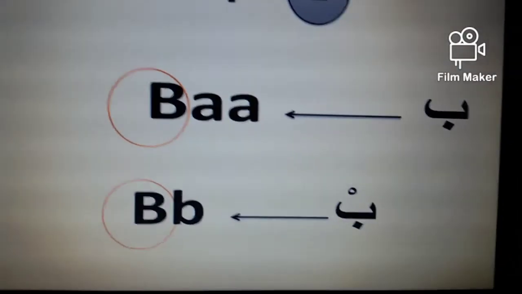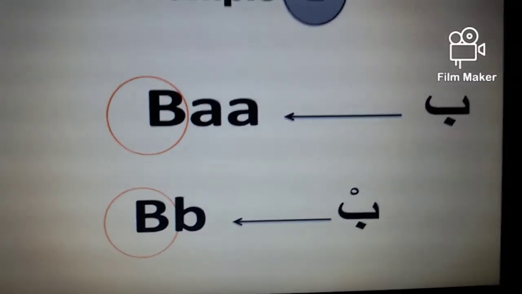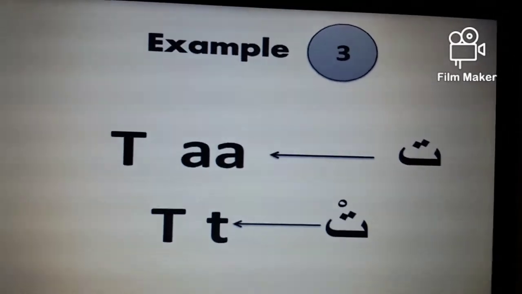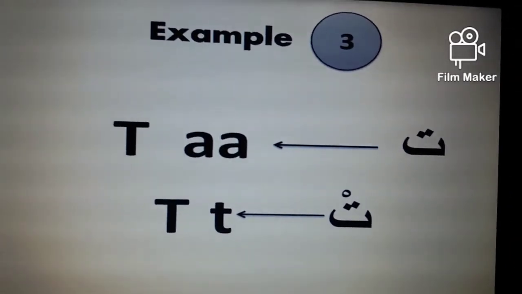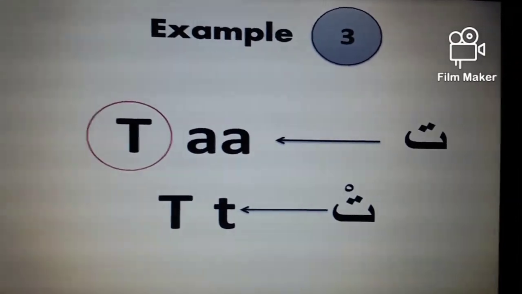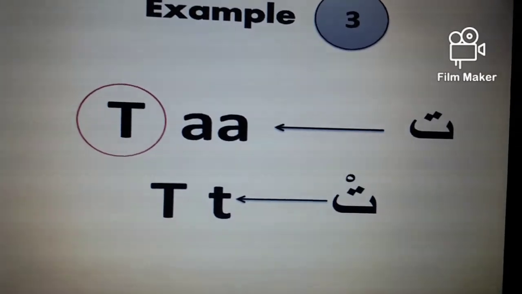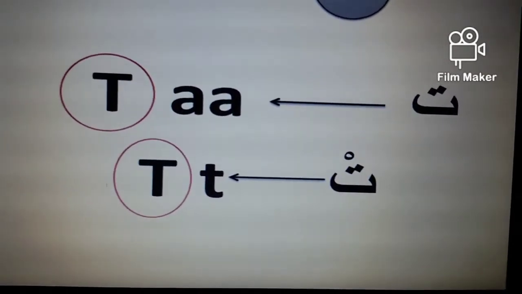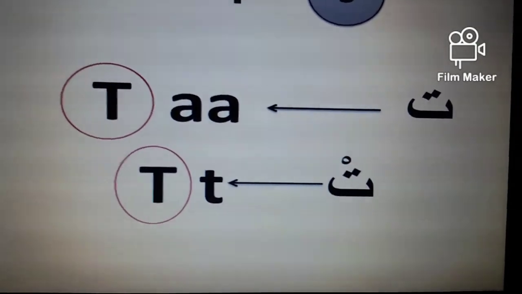So a ba with a sukoon over it is pronounced like that. Taking the third letter, which is ta. The first letter is t. Taking the first letter of the name of that letter and pressing on it, it becomes t. So ta with a sukoon over it becomes t.